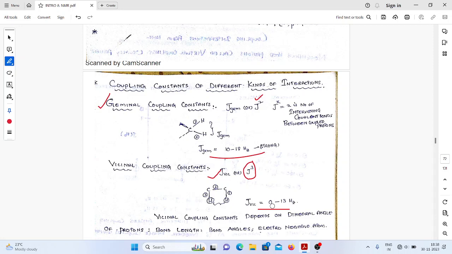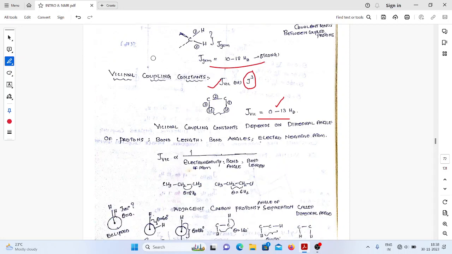Once the number of bonds increases, the coupling strength decreases, thereby the coupling constant value will decrease. The vicinal coupling constants are inversely proportional to the electronegativity of the atom, bond angle and bond length. It means bond length increasing, J vicinal decreasing.